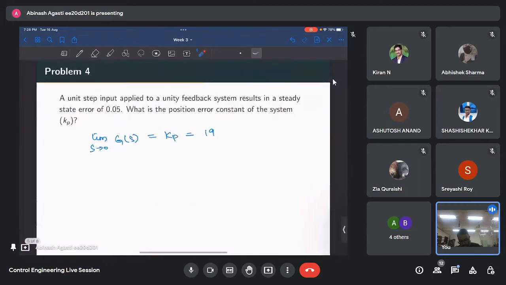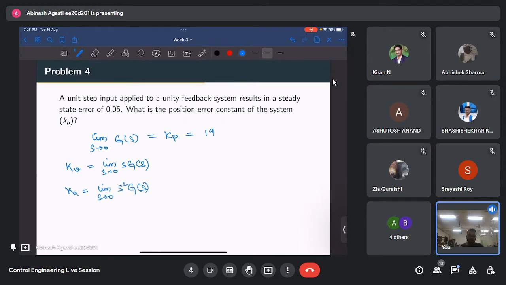Since we are talking about position error constant, I will just define the velocity and acceleration error constants as well. Kv is limit s goes to 0 s into g of s, Ka is equal to limit s goes to 0 s square into g of s.